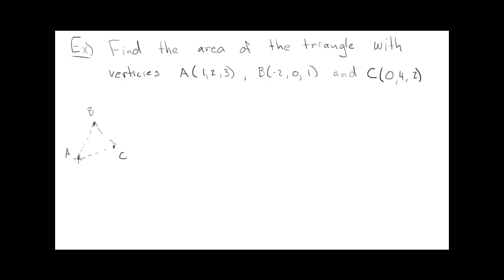If you think about this as a vector, and this as a vector, then we could look at the parallelogram formed. I'll call that vector A, and this vector B. And I know I can get the area of that parallelogram by doing the cross product, but I'm actually looking for the area of this triangle, and the area of the triangle is just half the area of the parallelogram.